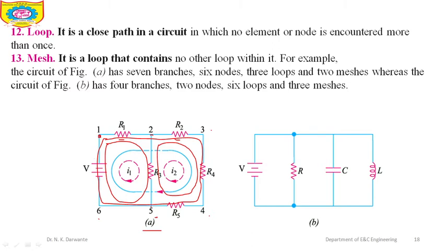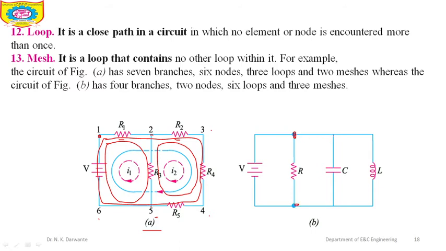This 1 to 2 is one branch, 2 to 3 second branch, 3 to 4 third branch, 4 to 5 fourth branch, 5 to 6 fifth branch, 6 to 1 sixth branch, and 2 to 5. These are the 7 branches. 6 nodes we have seen, 3 loops we have also seen, and we'll see the mesh also. Here only 2 nodes are there, this is one node and this is the second node. Other nodes are not there.